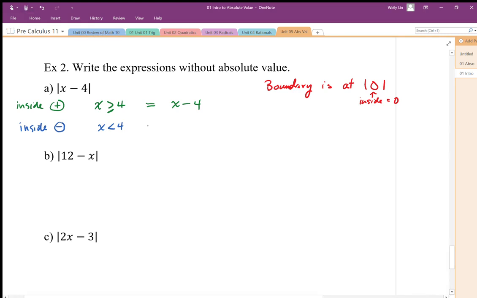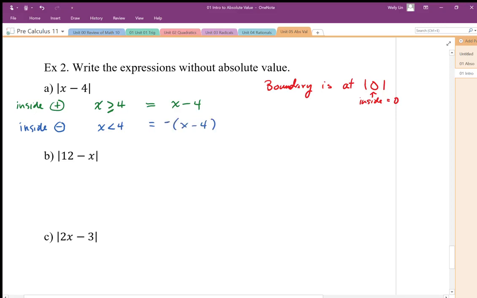Now, if it's less than 4, we end up with a negative inside the absolute value. So what will the absolute value do? It will flip it. It will change it from negative to positive. Well, how do I change a negative to positive? I take that original x minus 4, and I need to make it its opposite.